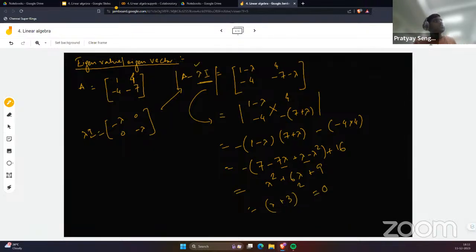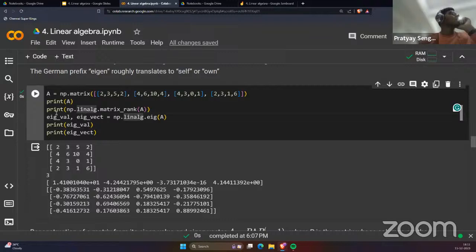If you put that as 0, lambda is minus 3, since it's a perfect square. So lambda is minus 3, minus 3. These are your eigenvalues. Let's go back, and you can calculate the eigenvalues of the earlier matrix also, and that should come as this vector. So our eigenvalue is minus 3, minus 3, and you have 4 values here, right?